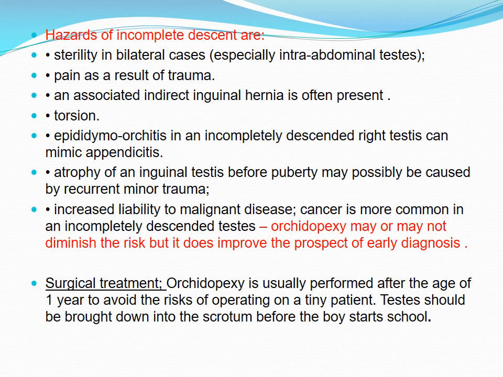Also, when the patient presents with undescended testes and develops epididymo-orchitis, especially on the right side, maybe this is difficult to differentiate from acute appendicitis because it mimics acute appendicitis. There is a chance of atrophy of inguinal testes before puberty because of the repeated minor trauma.